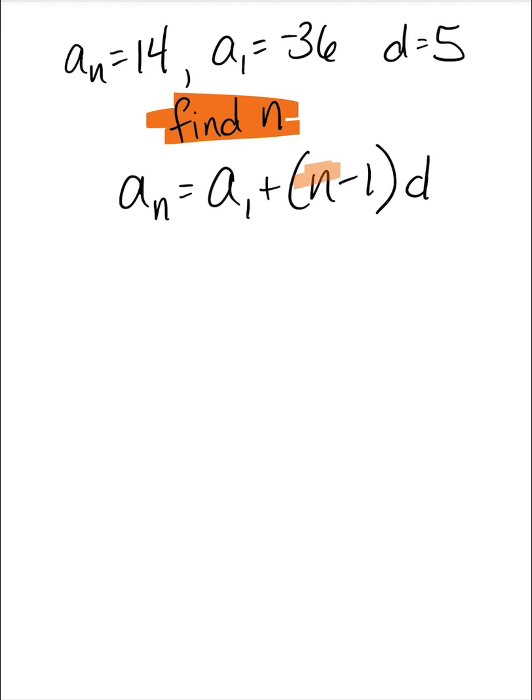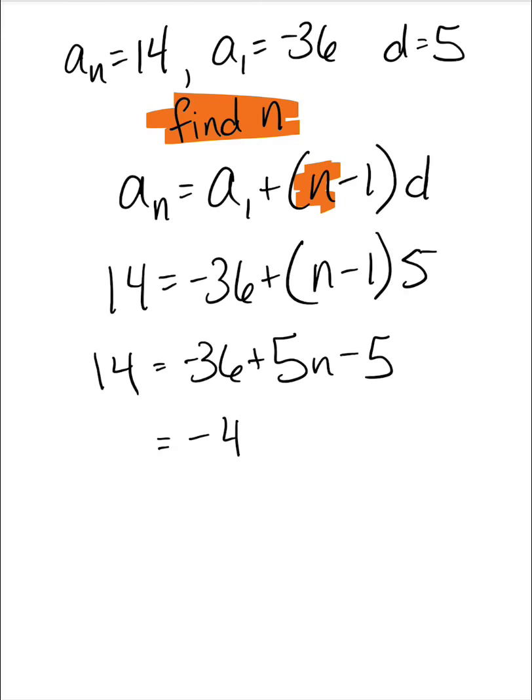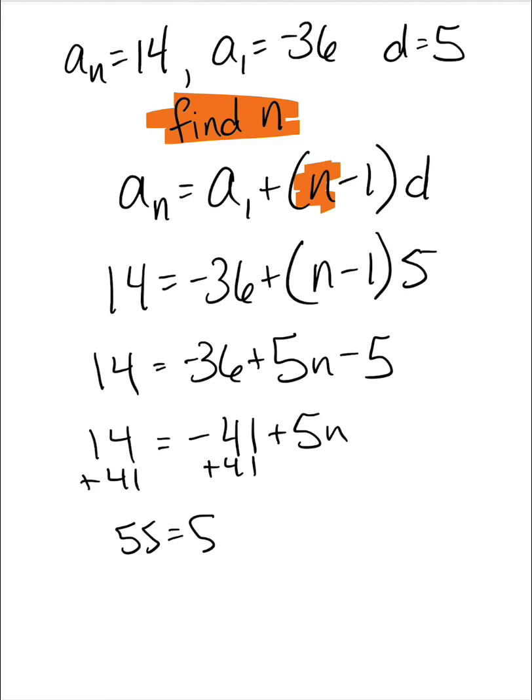So I want to plug in everything I know. I have 14 equals my first term, negative 36, plus n minus 1 times 5. So negative 36 plus 5n minus 5. Simplify, it gives me negative 41 plus 5n. 14 plus 41, that's 55 equals 5n.